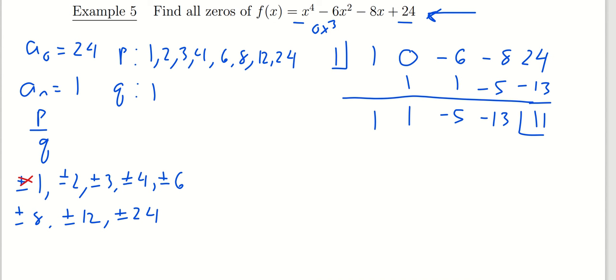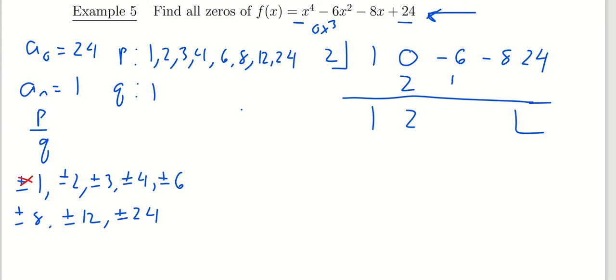Let's try the next positive value, which would be 2. So first one comes down, so we have 1. 1 times 2 is 2. Add to go down, we get 2. 2 times 2 is 4. Add to go down, we get negative 2. 2 times negative 2 is negative 4.